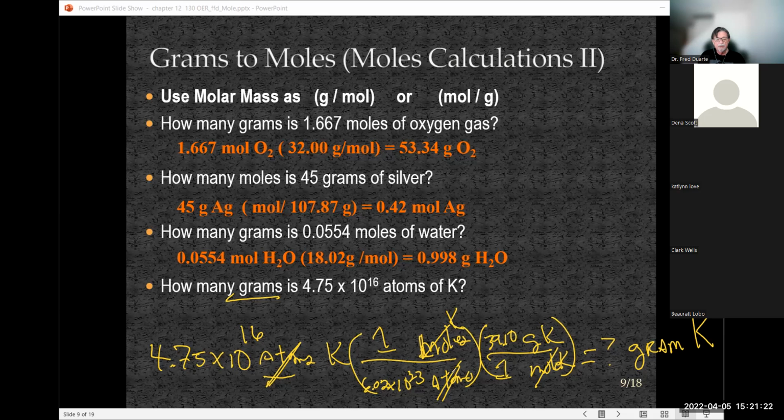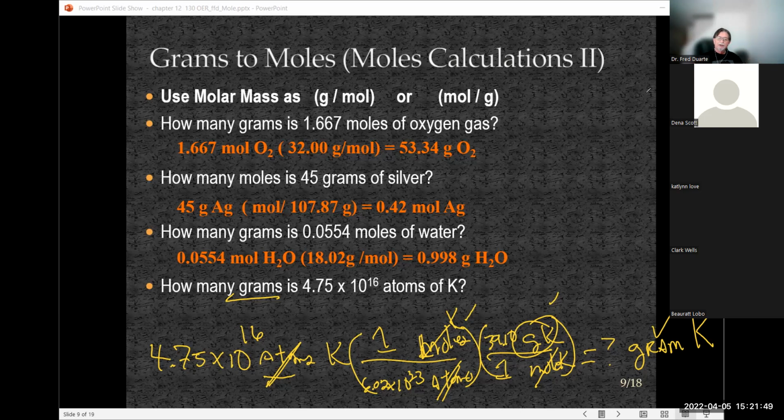Moles cancel out, atoms cancel out, leaving us unit-wise with grams of potassium, which is what we are being asked to calculate. Notice we put 2 conversion factors side by side. When we start doing calculations, you're going to see that we use an average of about, at the minimum, 3 conversion factors to get us from bananas to oranges, if you will.